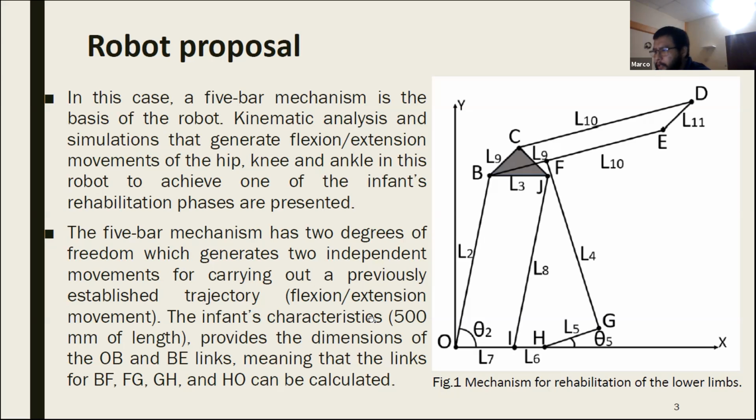The infant's characteristic length of 500 millimeters provides the dimensions of the OB and D links, which means that the other links can be calculated.